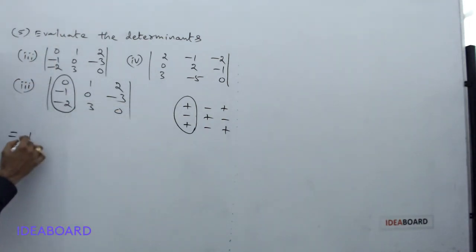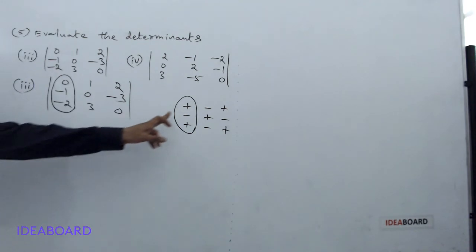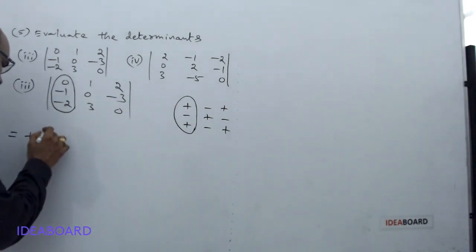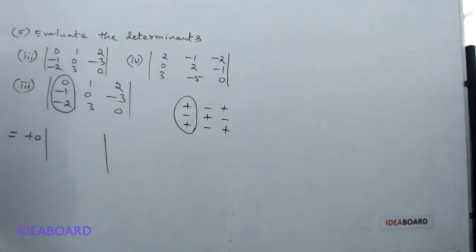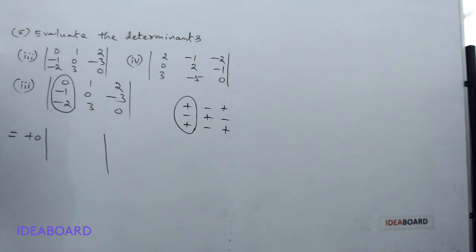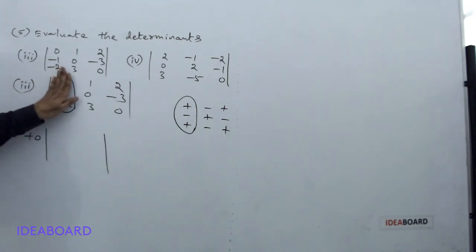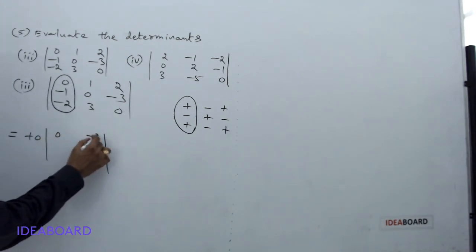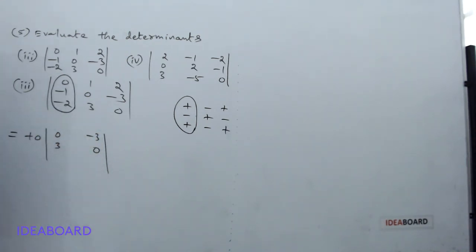Now plus 0 into the minor of 0. The minor of 0 equals, we delete the first column and first row, and the remaining 4 elements are 0, minus 3, 3, 0.